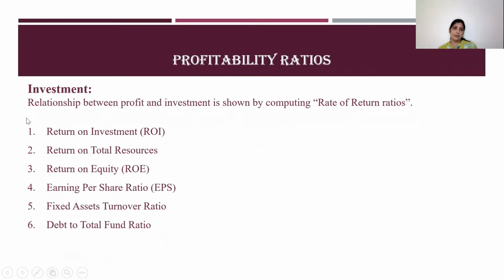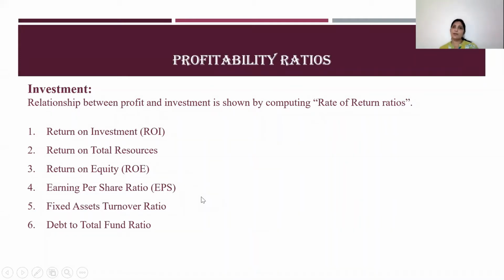Today we'll be studying about this investment. The relationship between profit and investment is shown by computing rate of return ratios. In this also you have 6 types. Return on investment, ROI, is very important. Return on total resources, return on equity, ROE, is equally important.